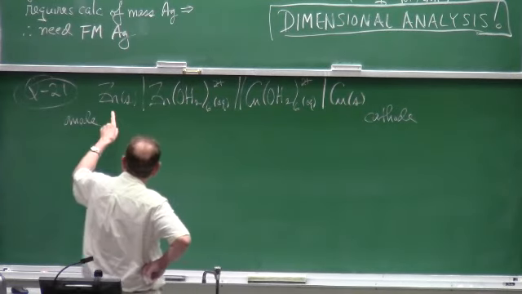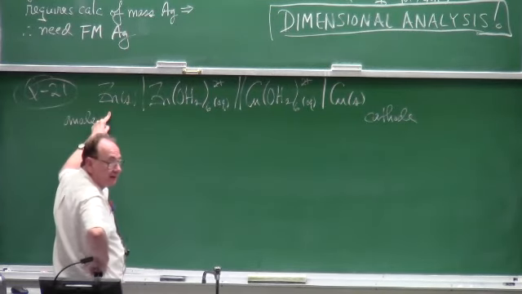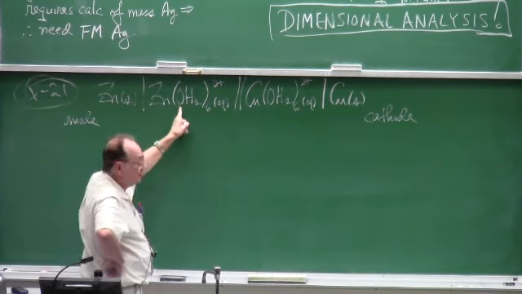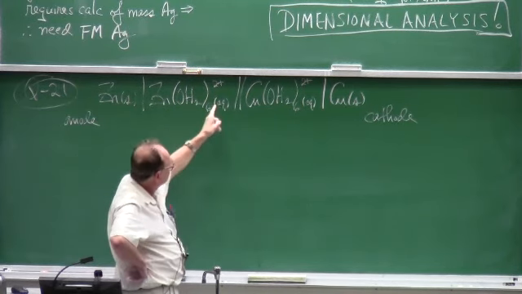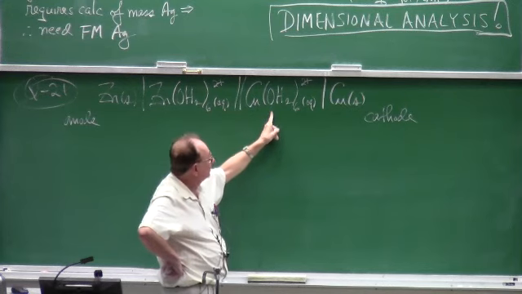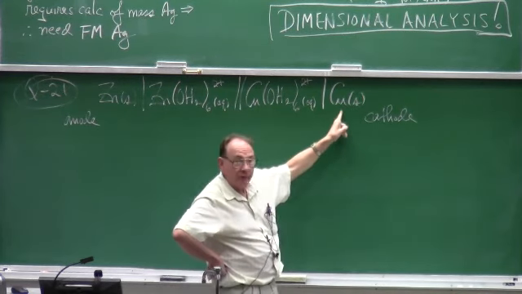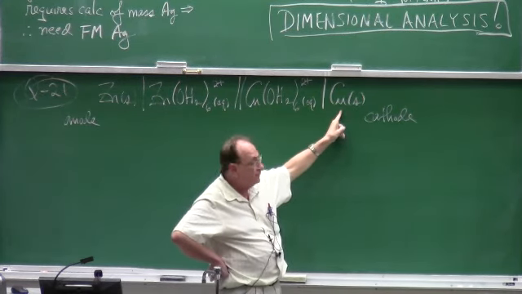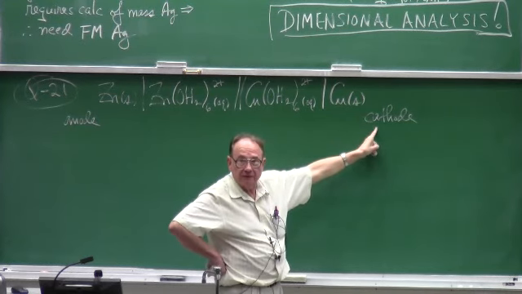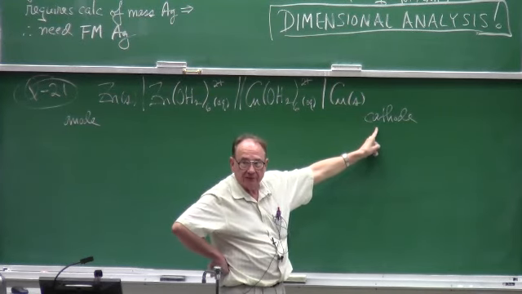Because we've got the anode material, which is the stuff getting oxidized, the oxidation product, the oxidizer, the stuff that gets reduced, the reduction product, which for this case is the same as the cathode material. Okay so far?